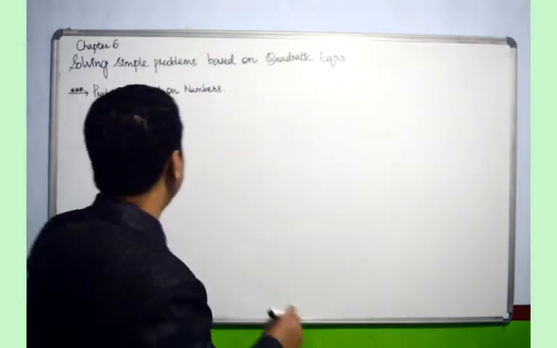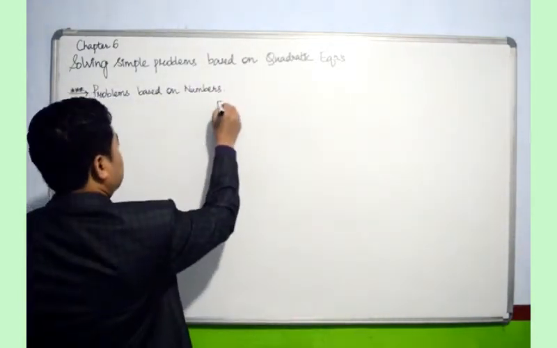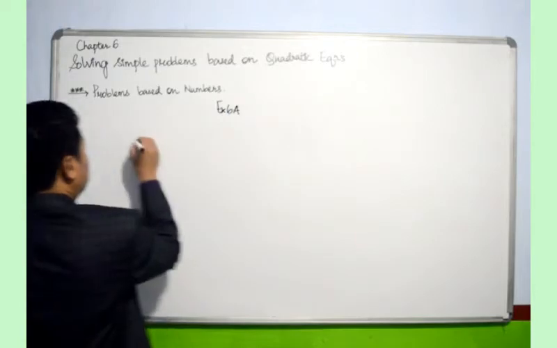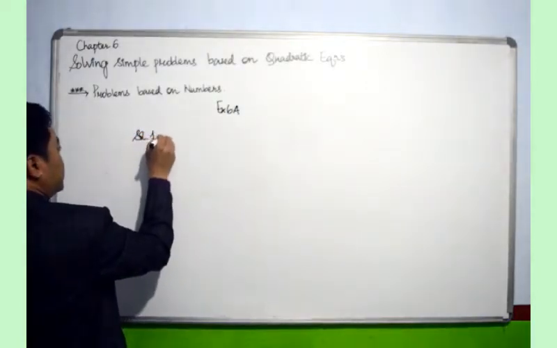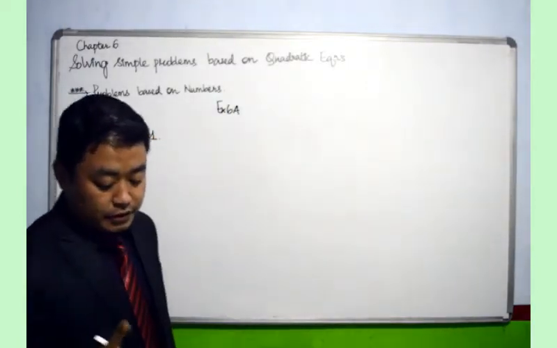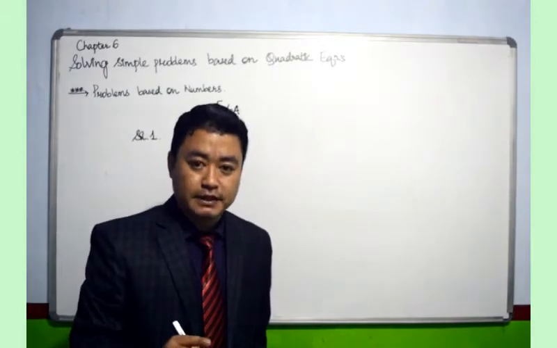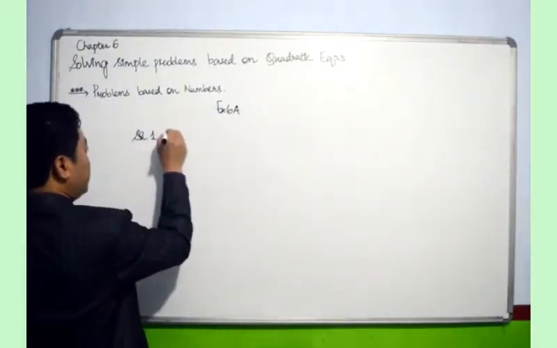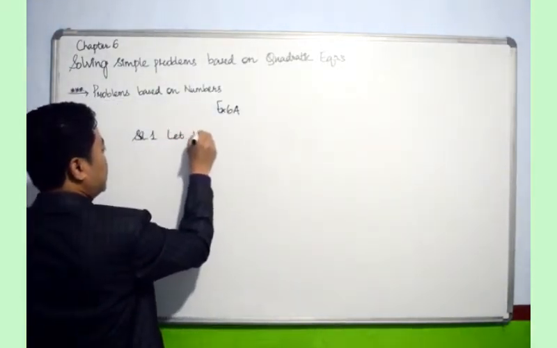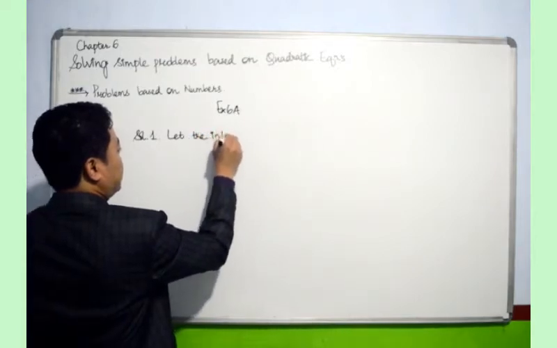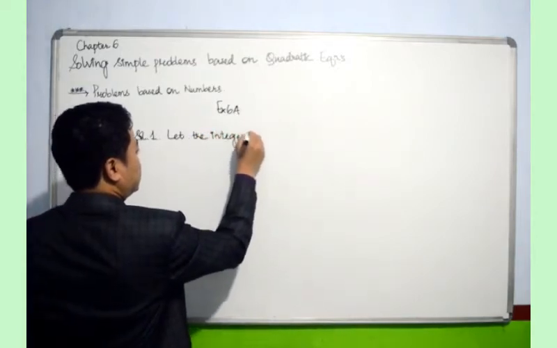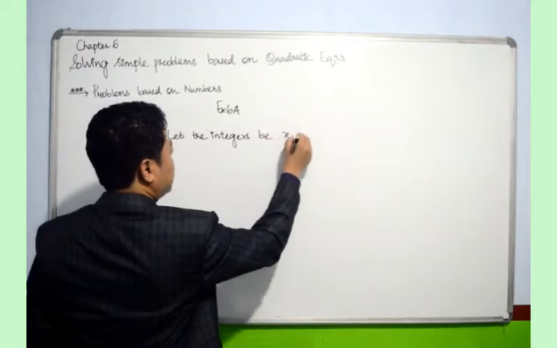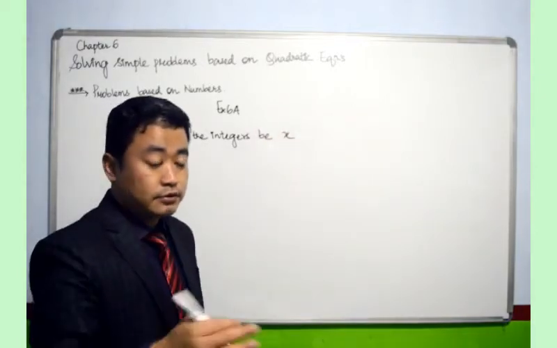So how we do this is, exercise 6a, solution number 1. Our question is: the product of two consecutive integers is 56. Find the integers. First of all, we need to assume. Let the integers be... suppose I have assumed one of my integers is x. So what will be its consecutive?